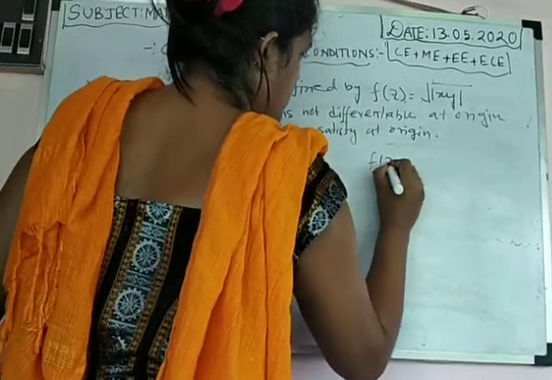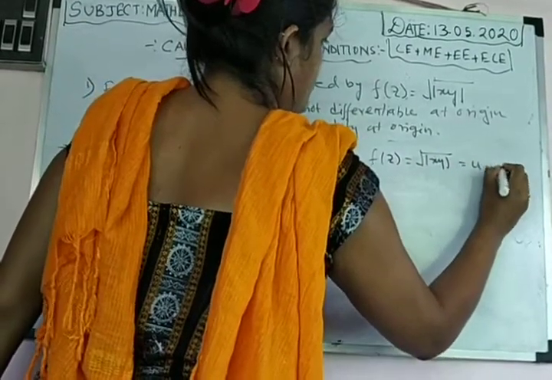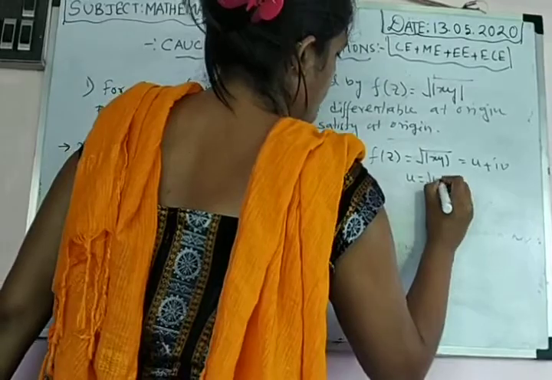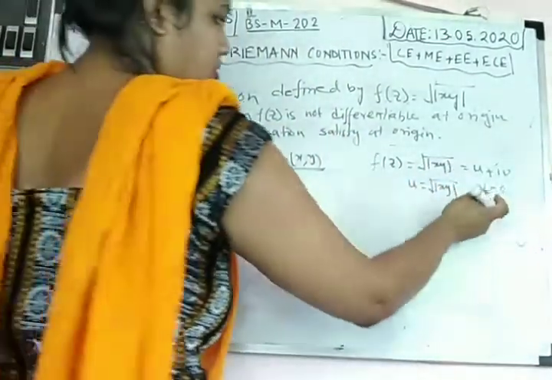Why? Because our f(z) equals root over of mod xy. Now comparing to u plus iv, u equals root over mod of xy, and v equals 0 since there is no imaginary part.